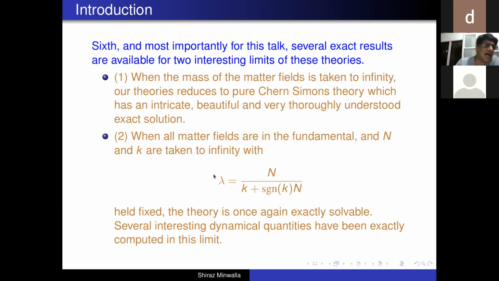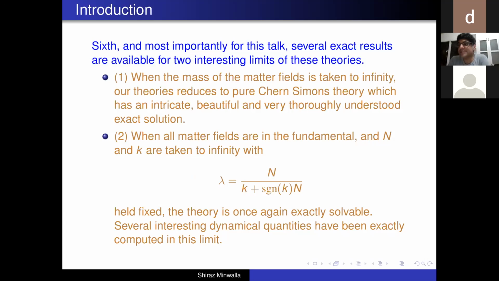Now, this lambda is sort of the analog of the 't Hooft coupling in more familiar planar gauge theories. It's the quantity that tells you how big a two-loop graph is compared to a one-loop graph. So the fact that you can solve this theory to all orders in lambda tells you that this theory is exactly solvable even where it's strongly coupled.